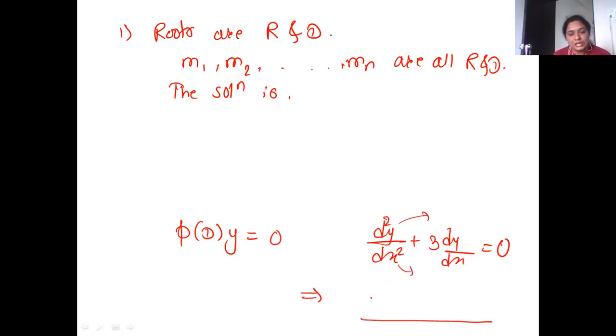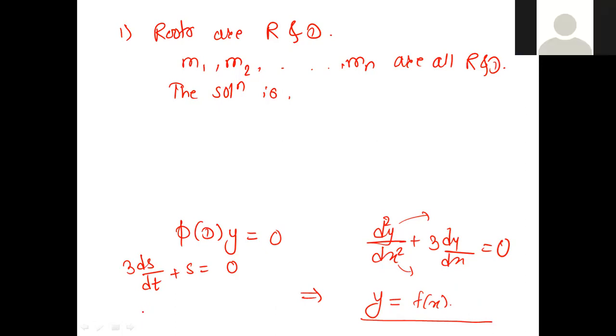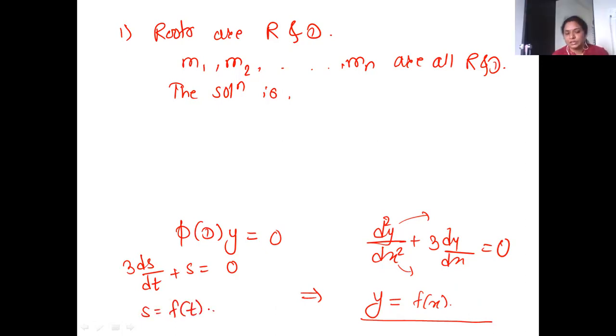So in this case, the solution is always y is some function of x. That function of x, what is that? We'll see. But y is equal to something. If it is, say, ds by dt plus s is equal to 0, how will your solution be? S is equal to some function of t.